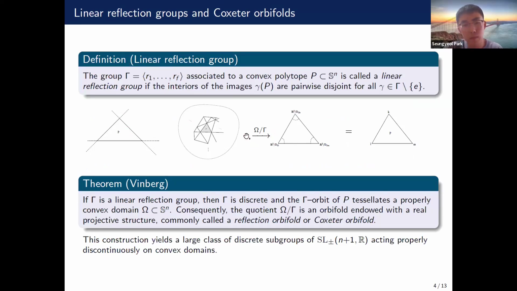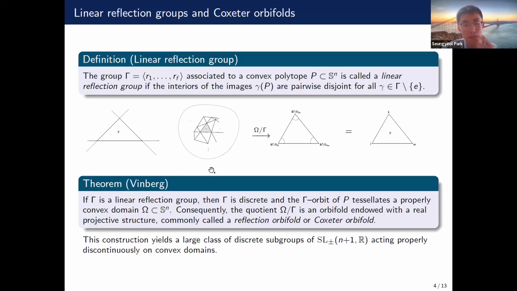Actually, Vinberg proved that whenever we have a linear reflection group, then that group becomes a discrete subgroup of this SL plus-minus, and also the gamma orbits, as drawn here, tessellate properly a convex domain inside this S^n, as I draw with this boundary.